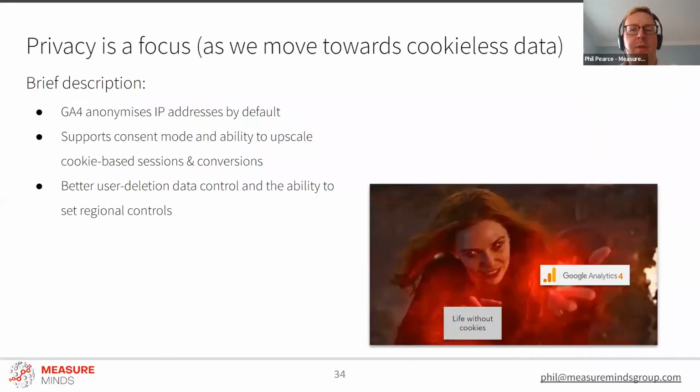The other ones that we've not mentioned, which is sort of stating the obvious, really, but GA4 does have these newer features, so it's better for IP anonymization. It's on by default. There are ways of setting it in a cookieless mode, and it has regional controls for data retention. And soon they're going to have a European data center as well, so it gets around some of the problems with data being passed to America.